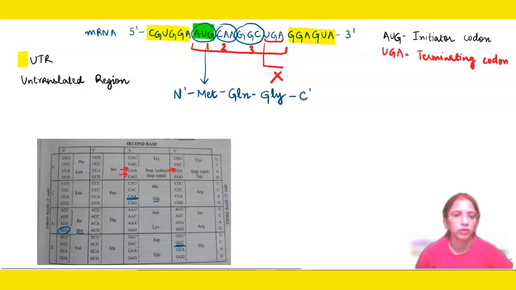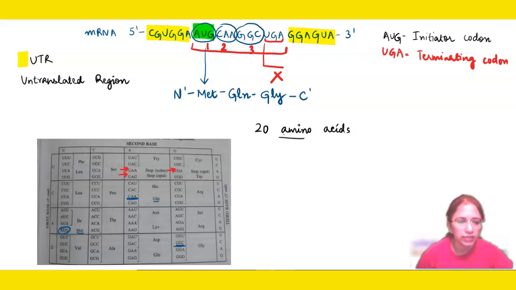Now you know that 20 amino acids are there, okay? So here we will be writing the names of all 20 amino acids that are coming so that you can correlate from the genetic code table. You can see here PHE is there, okay?